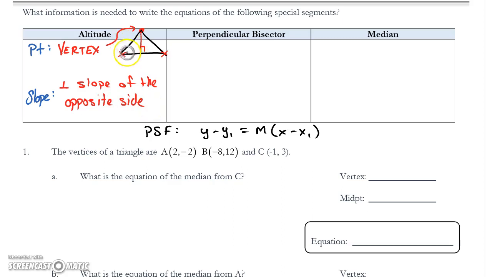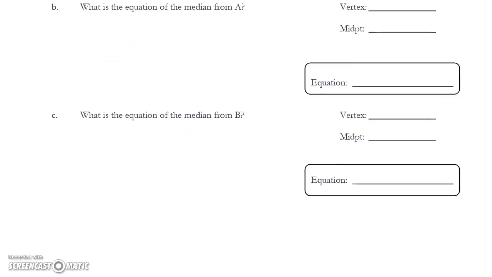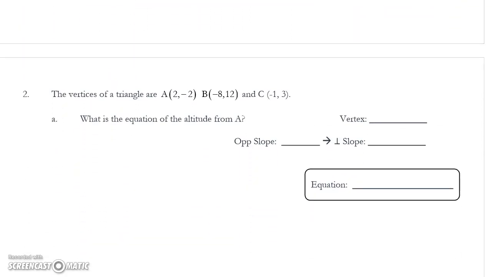So I'm going to use these points to find the slope of this third side of my triangle, and then take the opposite reciprocal, and use that slope and this point in my point-slope form. Alright, so let's skim through these examples and go to one over here.